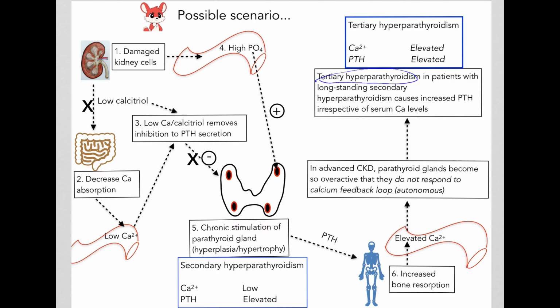And in this case, you can see the calcium is elevated, so there is hypercalcemia, and the PTH is also elevated. So in secondary hyperparathyroidism, the calcium is low, but the PTH is elevated. In tertiary hyperparathyroidism, we do have hypercalcemia, calcium is elevated, and the PTH is also elevated.